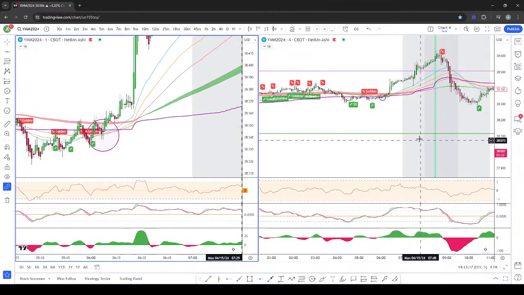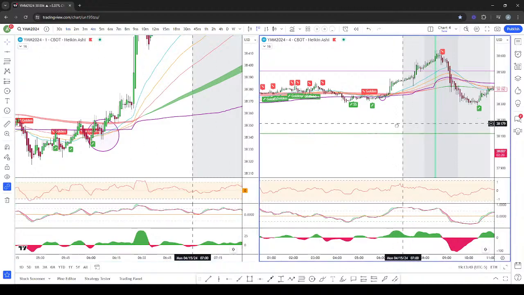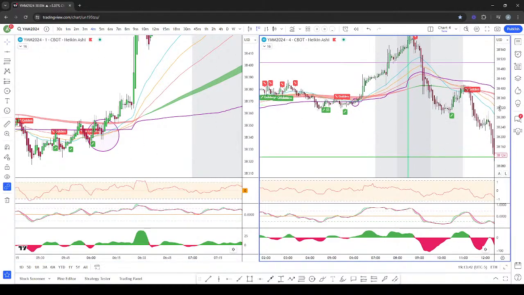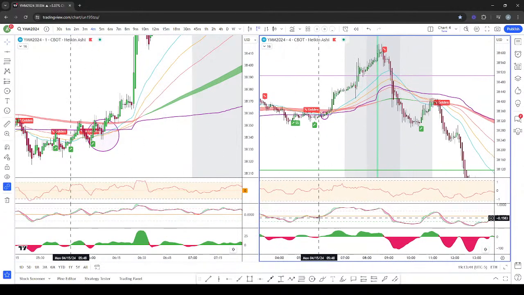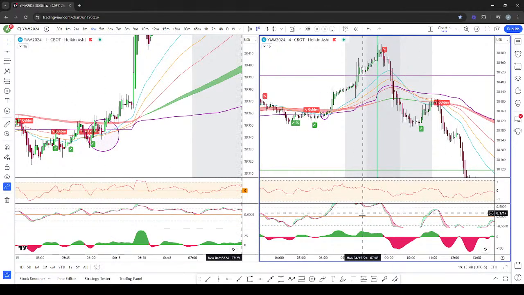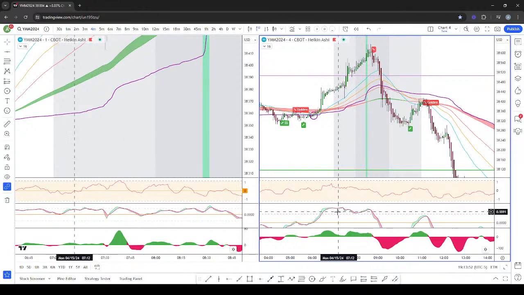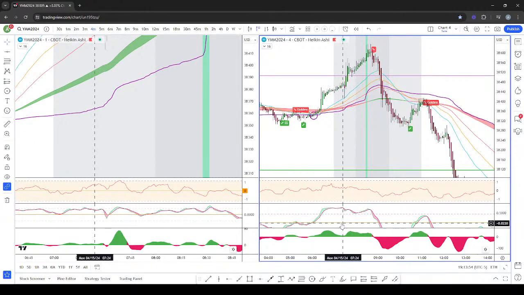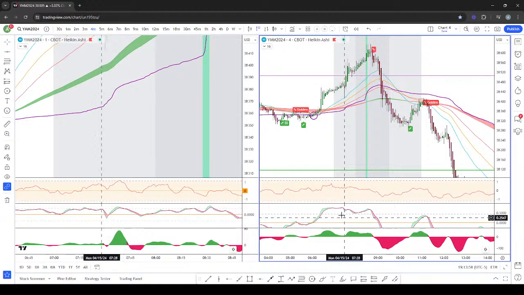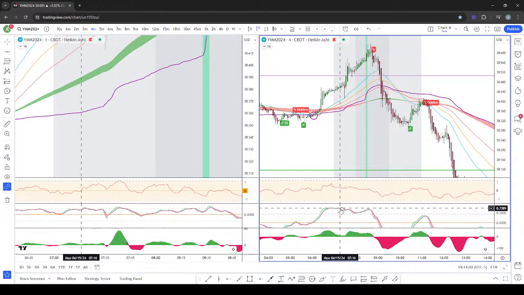Okay, and once again, you can follow as you enter the trade. You can follow on the TSI. Okay, so right in here, even though right here it's looking a little bit choppy, you are way above that 0 line. So you are in deep bullish territory in here.